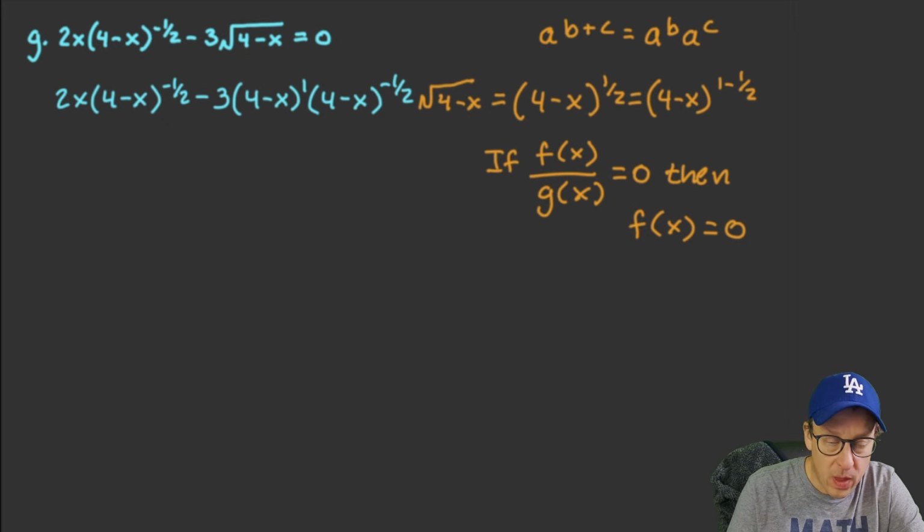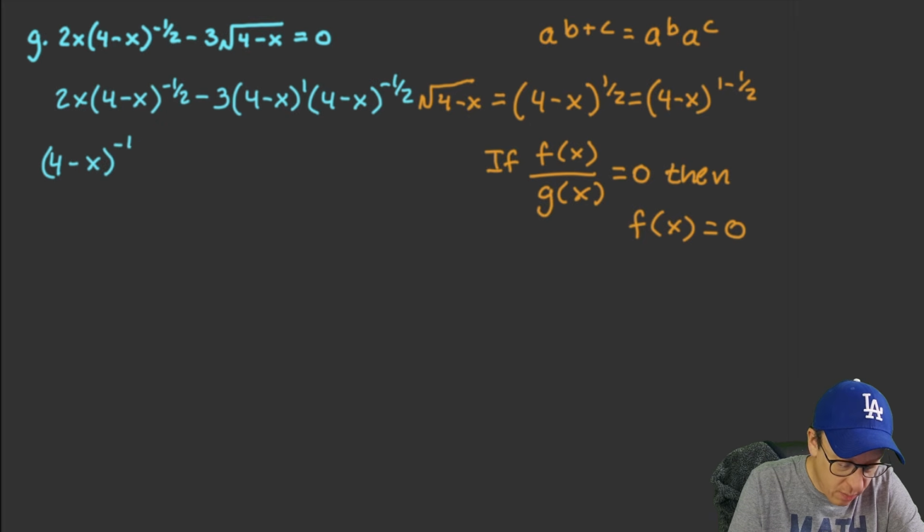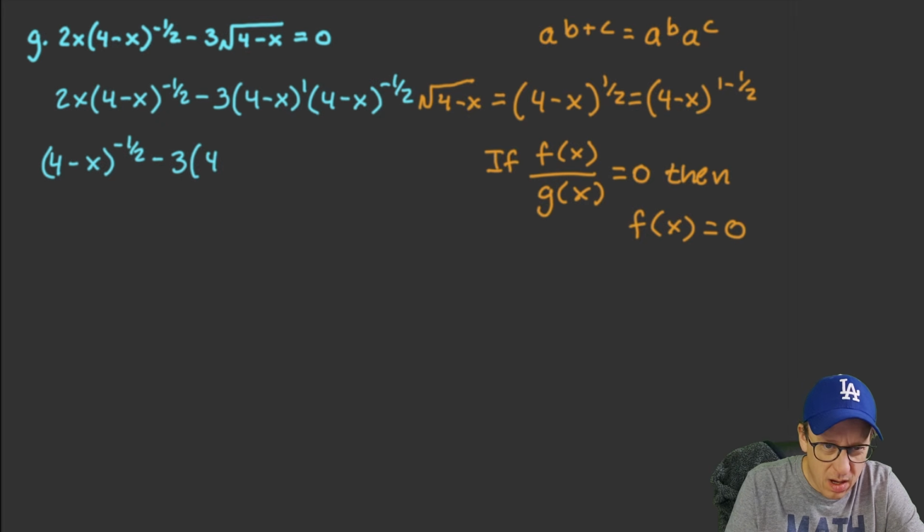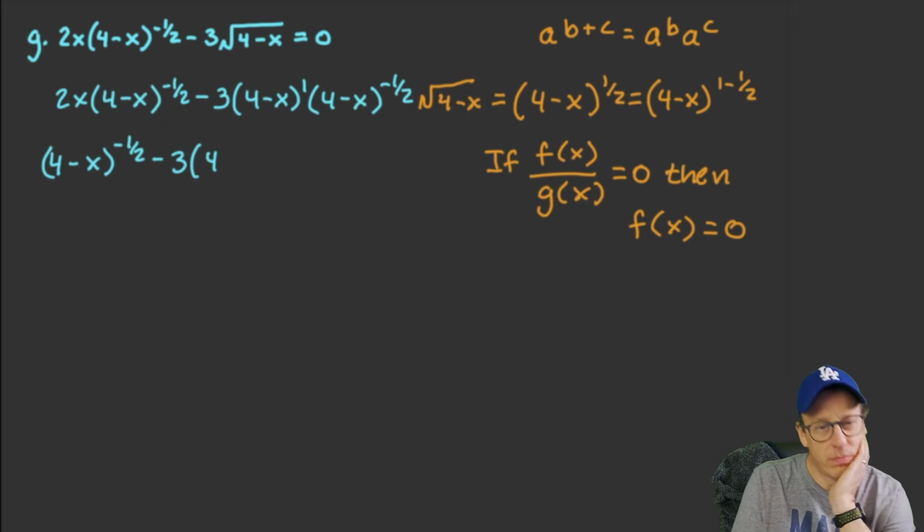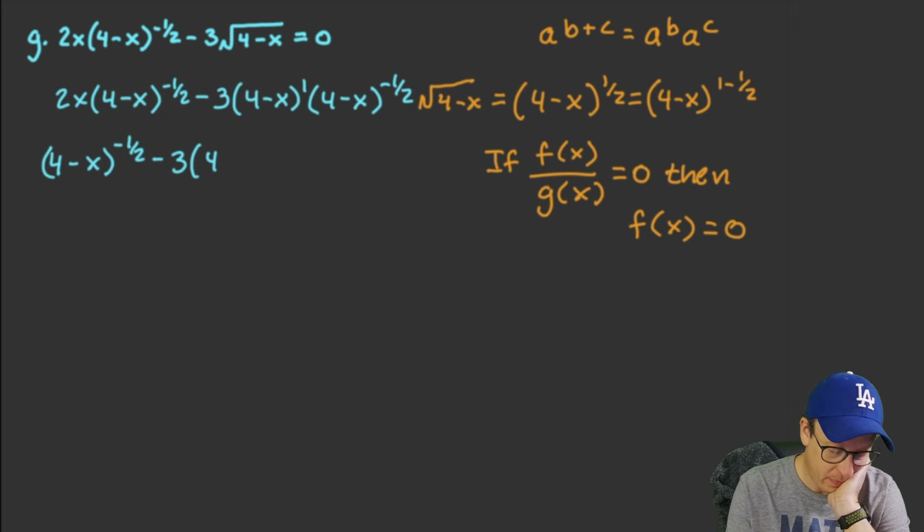All right, so we're going to get (4 minus x) to the negative 1/2 minus 3, 4. No, that's not going to be right. Hold on a second here. Sometimes I make mistakes.